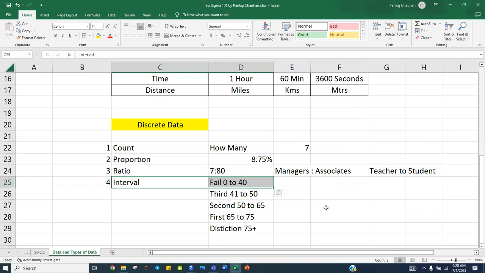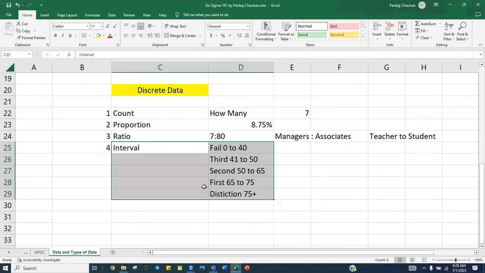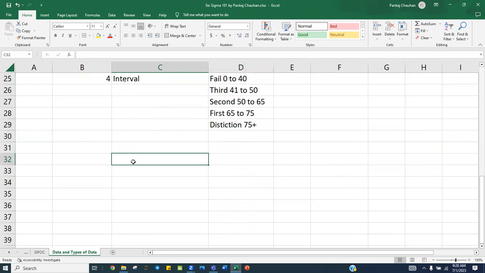If you are deciding low, medium, high as categories, it's basically ordinal data, but it can be classified into interval as well if those values are coming as numerical data. Like your fail grade, third grade, second grade or first grade will be decided based on these.